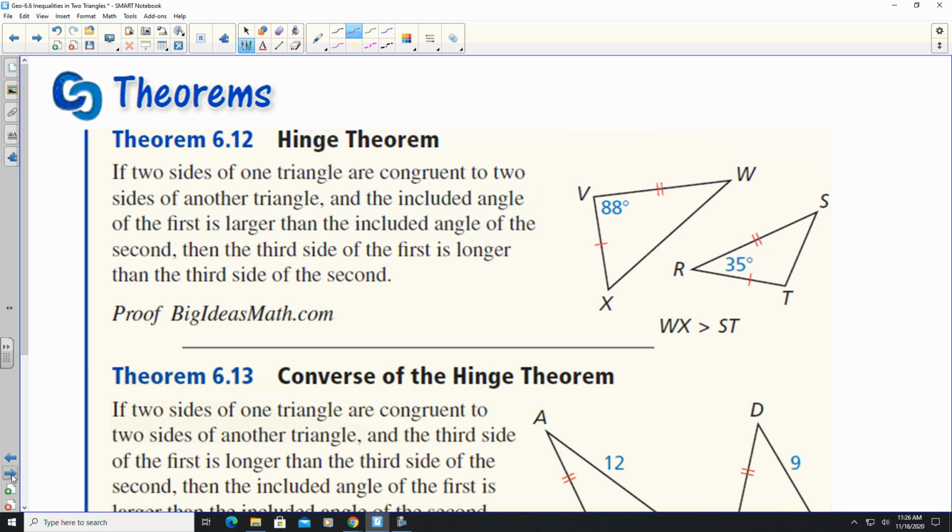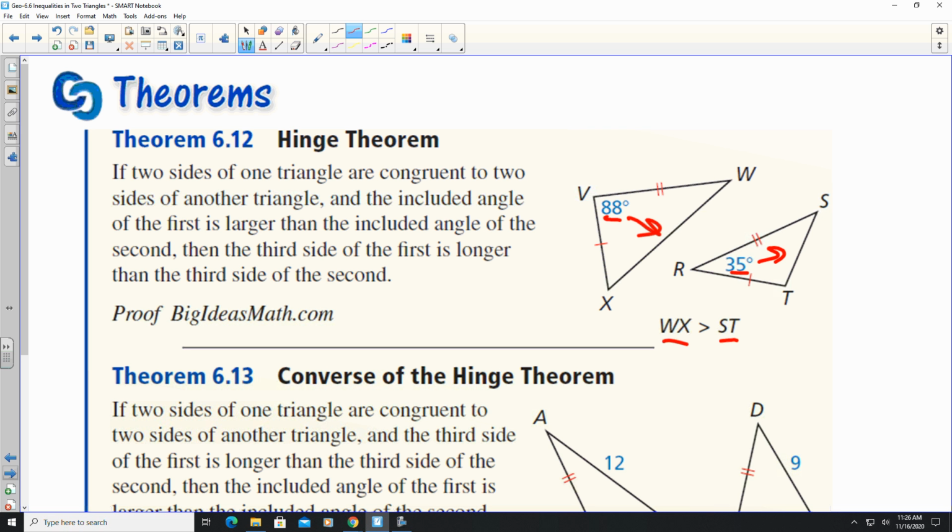So what they're saying is that since this is 88 and this is 35, the conclusion that we can make is that the opposite side here, WX, is actually going to be greater than the opposite of this angle, ST.